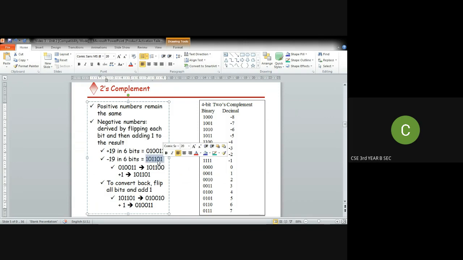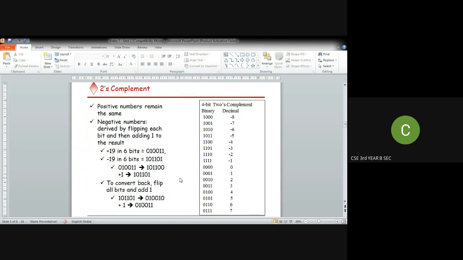After making it ones complement, we have to add plus 1 at the last. Then we will get 1 0 1 1 0 1. So this is the method for representing a negative number in two's complement.